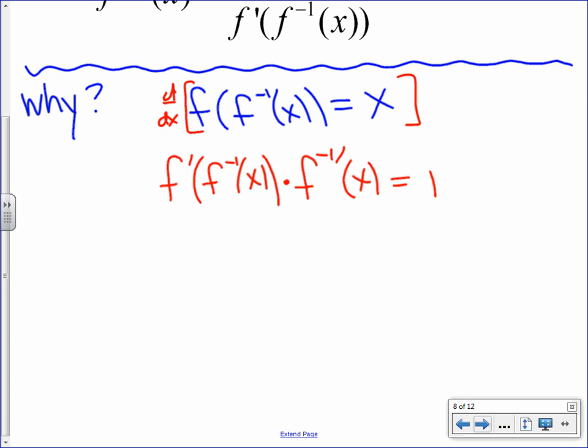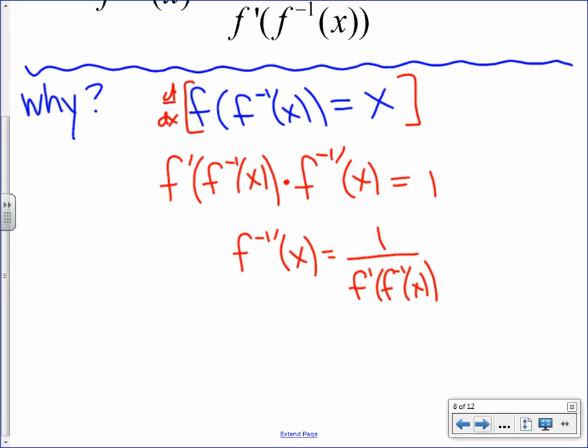Now if I solve for F inverse prime, then we would divide this over. There's your rule.